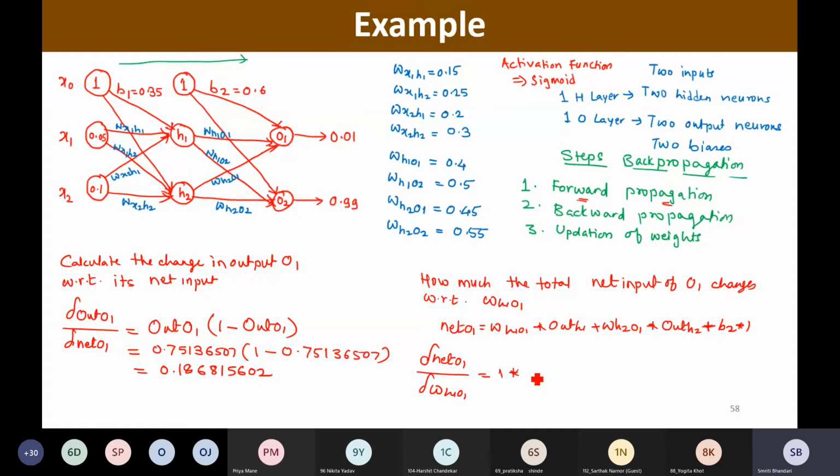So this comes out to be 1 into out H1 plus 0 plus 0. So after computation, we get 0.59326992.